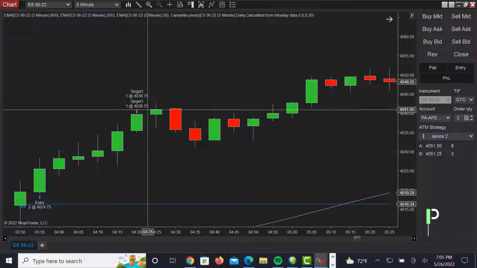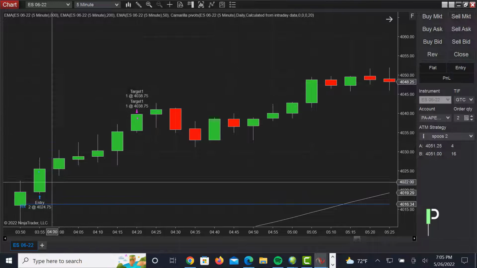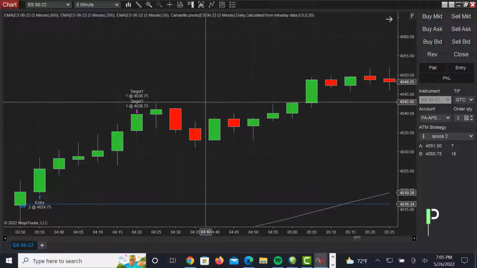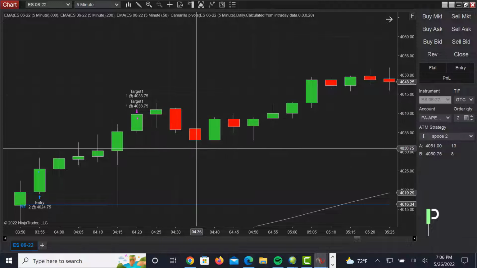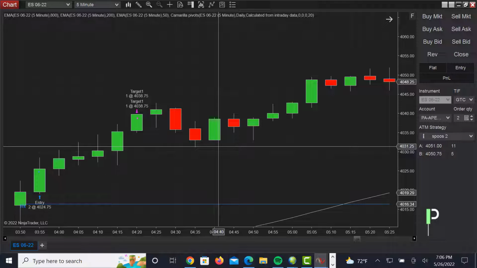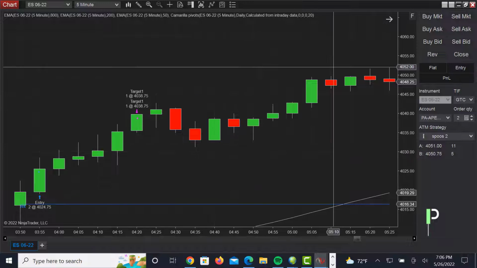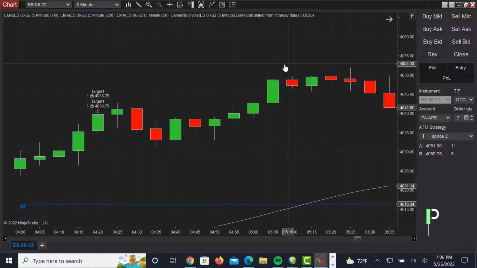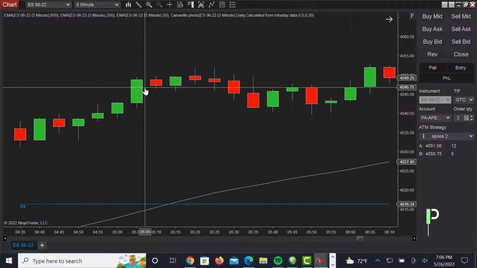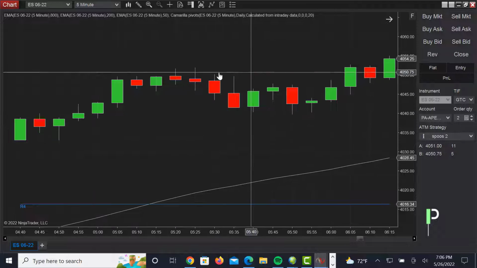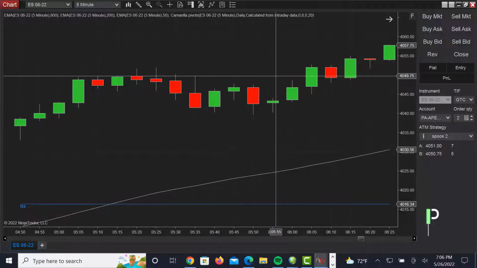We got those targets 40.38.75, and on the Sierra charts one we got up to 41, and then it started to pull back. And as it started to pull back, we kind of just left it alone, and then it gradually climbed into those 50s, and you can see started to move up even higher into our target right around those 60s. So it was actually a really good easy trade morning that we had.